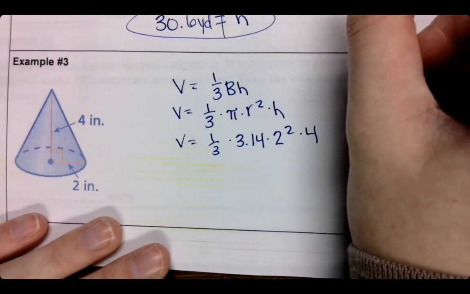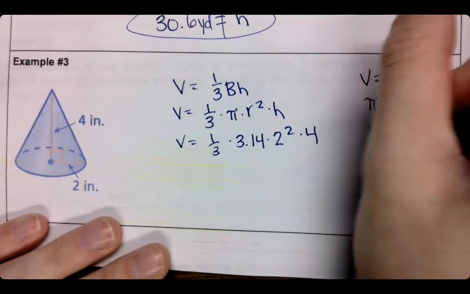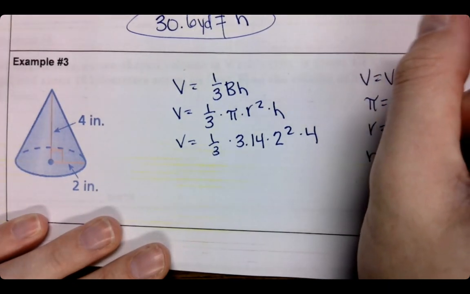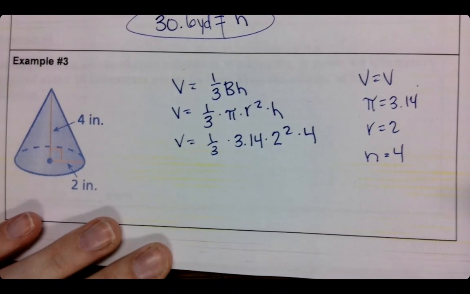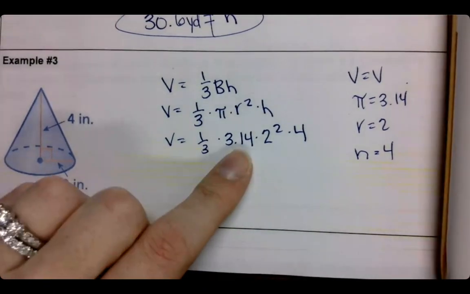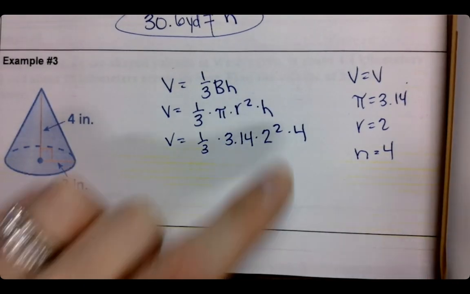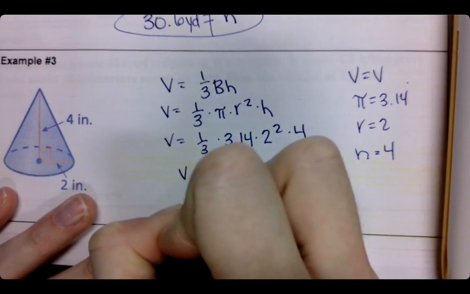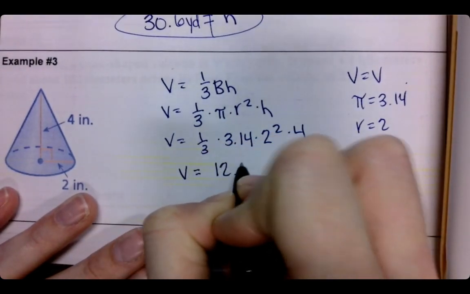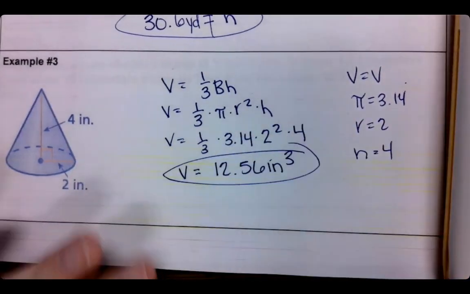We don't actually have to do anything special, which is kind of nice. And so again, you should have just multiplied all those things out, right? 1/3 times 3.14 times 2 squared times 4. And that gives us 12.56, and this would be inches cubed.